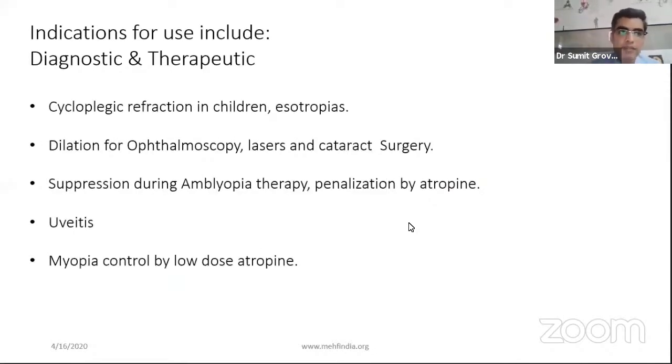Apart from that, there are some diagnostic and therapeutic indications. Cycloplegic refraction in children, especially small children. We all know they accommodate much more than adults, so their accommodation masks refractive errors like hypermetropia.